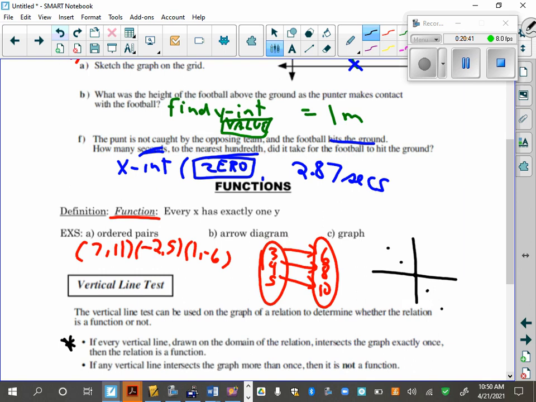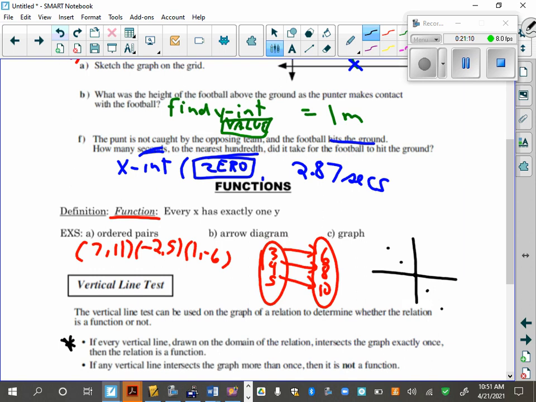So again, get your textbook out. I'm not going to rewrite this graph. However, when we do the check your understanding, please don't look at the answer. We're just doing vertical line tests.